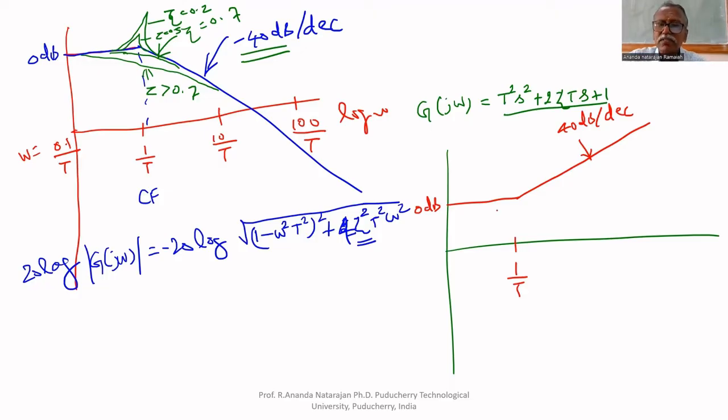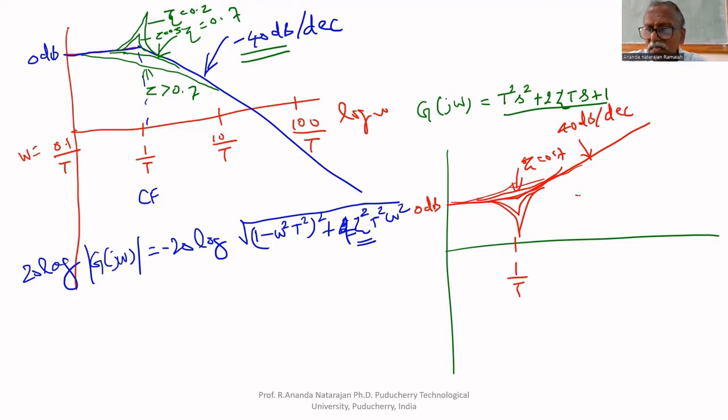Here also it depends upon the zeta value. It will be like this. This is for zeta equal to 0.7. If zeta decreases, you will get like this. If zeta increases, you will get lag value. So error will be minimum when zeta is around 0.7.